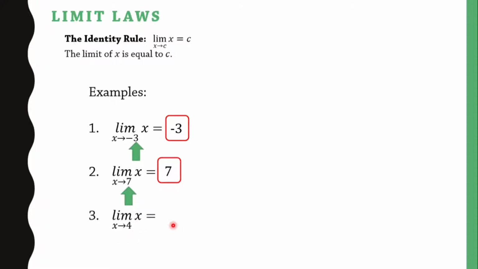Again, let us identify what number represents c. In this example, that is 4. Therefore, the limit of this given expression is 4. Okay, so that's limit law number 2, the identity rule.